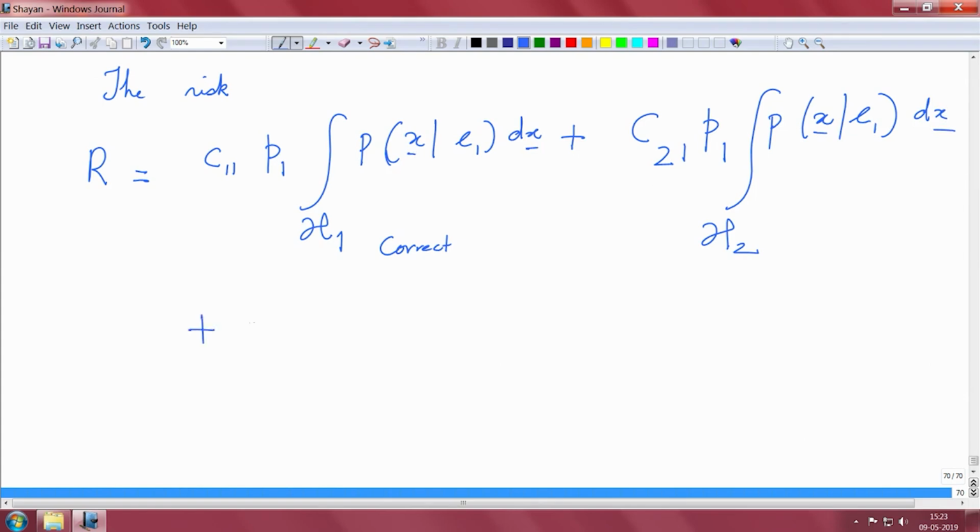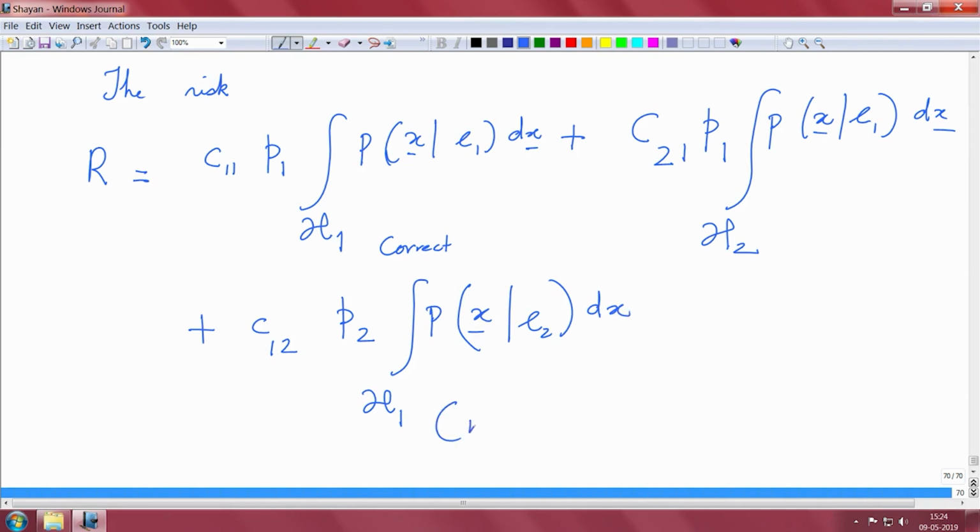Similarly, I land up with C12 times P2, integral over H1 of the conditional probability density p of x given C2 dx, and this is incorrect.